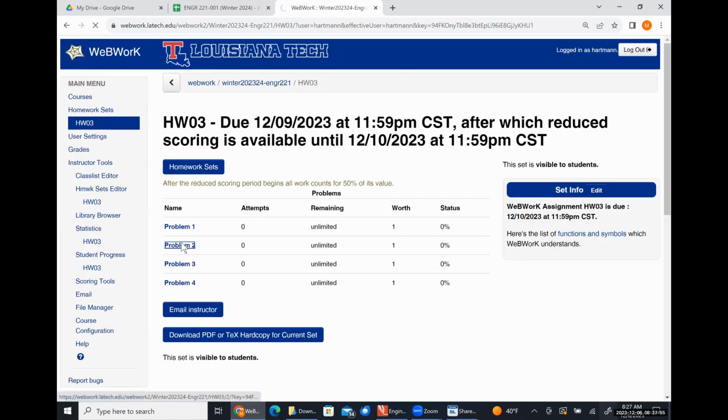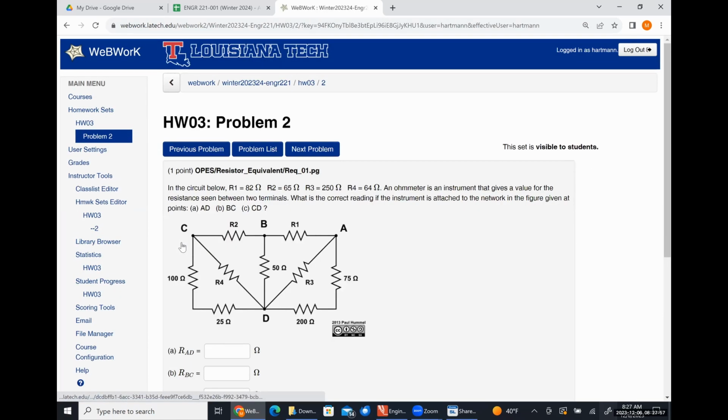So let's look at homework set number 3, and I think problem 2 would be a good one. This is fairly ugly looking. I'm not going to bother with the numbers that are used here because your numbers are going to be different. We're just going to throw some numbers in and take a crack at things.